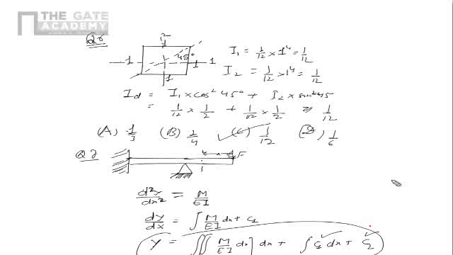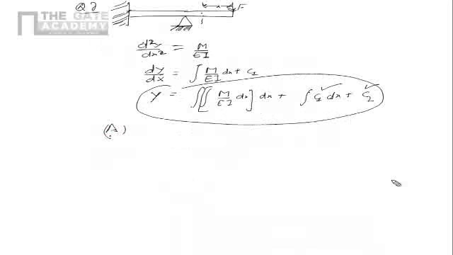Two boundary conditions are required to get the equation of the deflected center line. Now let's see the options provided. Option A is 5. Option B is 4. Option C is 3. And option D is 2. So the answer is 2, which is option D.